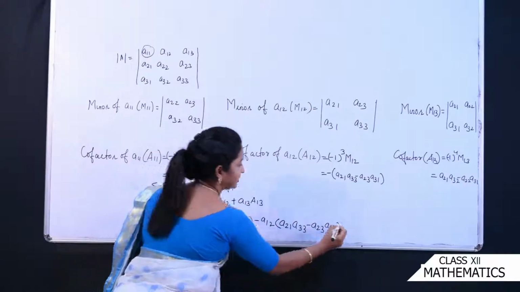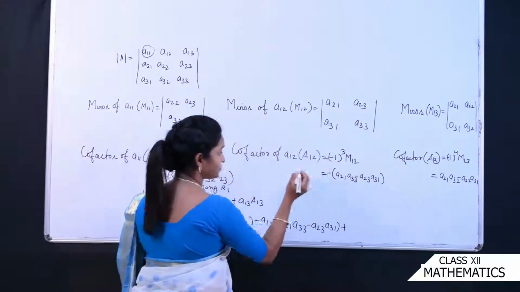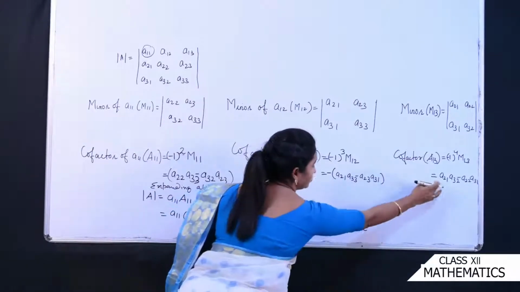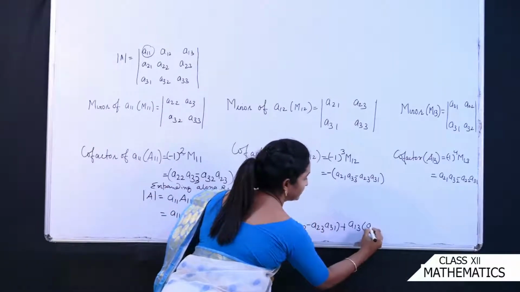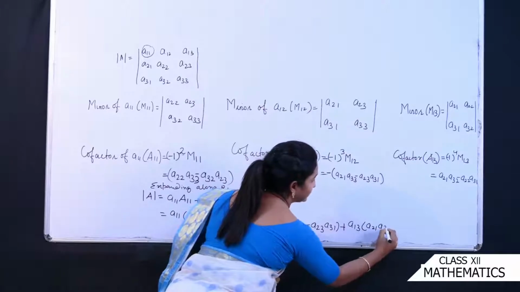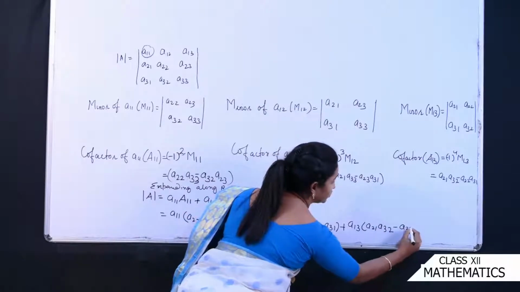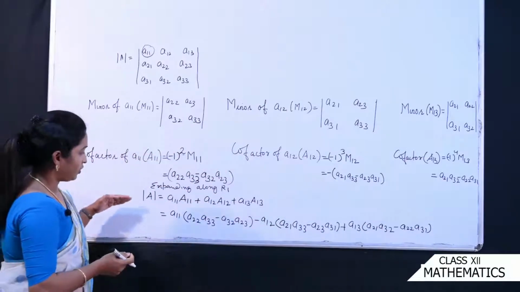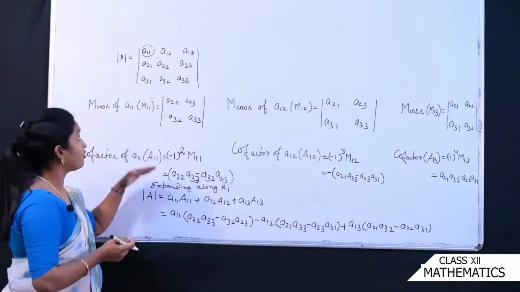Okay, then the last is plus the last element, that is A13 into cofactor of the third element, that is A21 A32 minus A22 and A31. Okay, so this is the way of calculating the determinant of order 3.